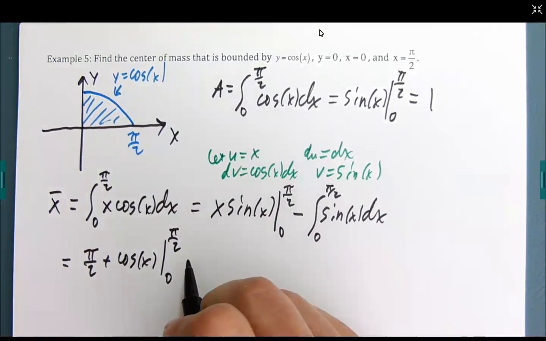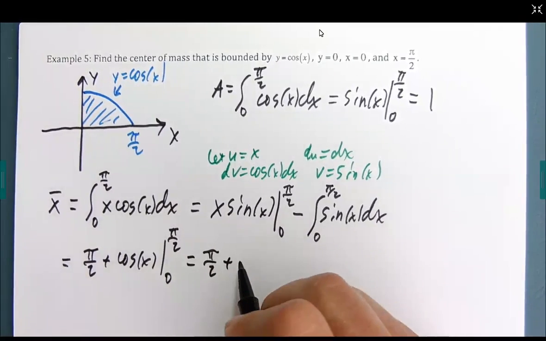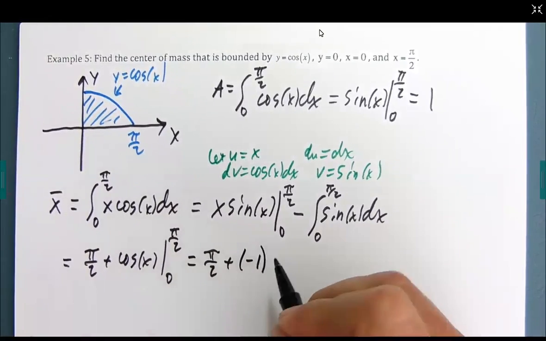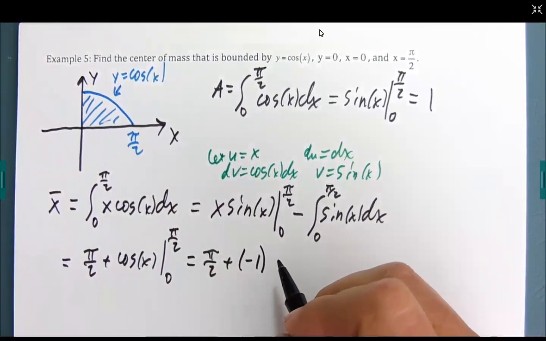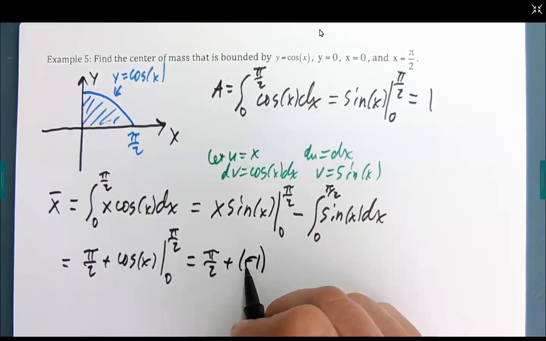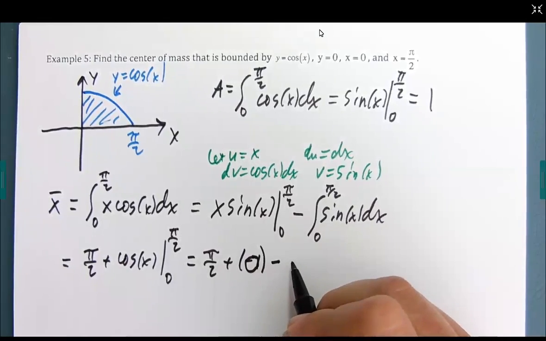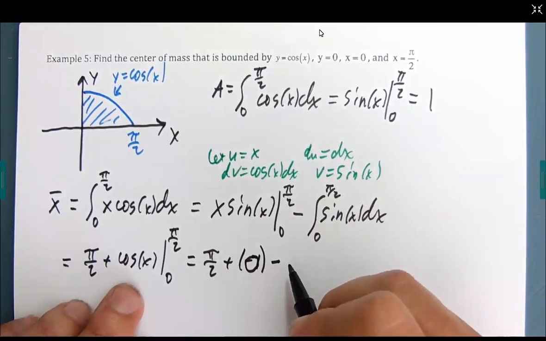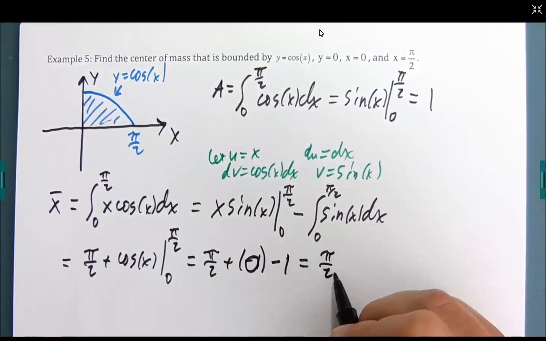Cosine of pi over 2 is 0, minus cosine of 0, which is 1, pardon me. There we go. So we end up with pi over 2 minus 1.